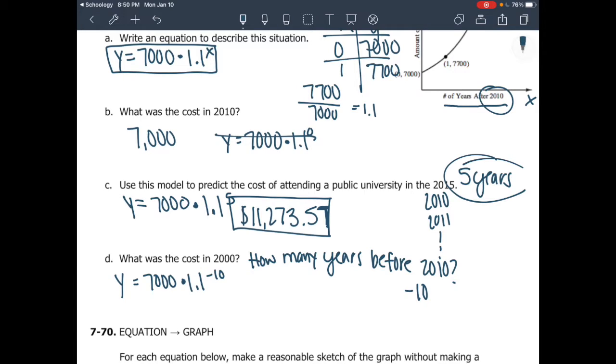So when we put that in, it doesn't give us a negative result. It just takes you backwards because it's like going down on the graph. So when we put all that in, that becomes $2,698.80.